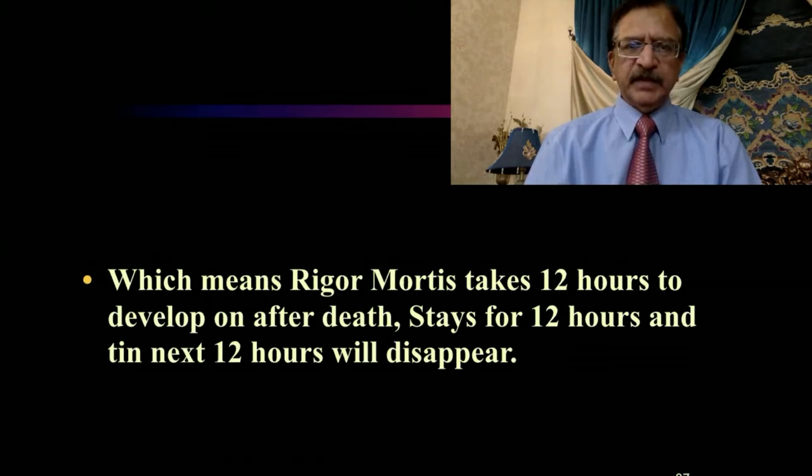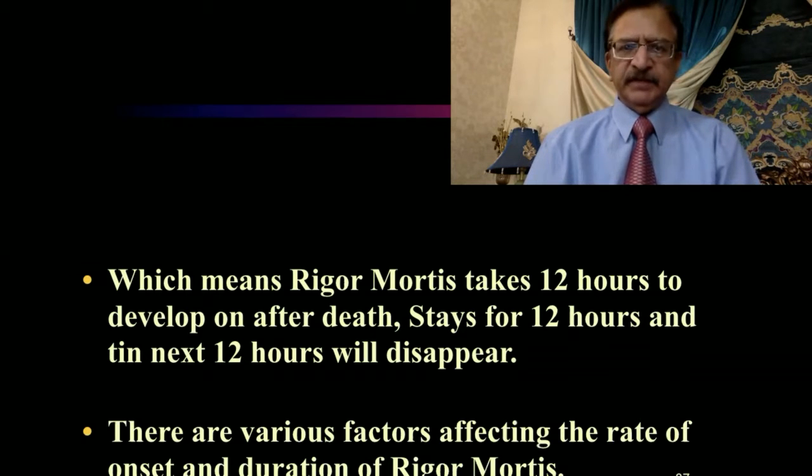So the rigor mortis takes 12 hours to develop after death, stays for 12 hours, and in the next 12 hours it will pass off. But there are certain factors which affect the rate of onset and duration of rigor mortis.